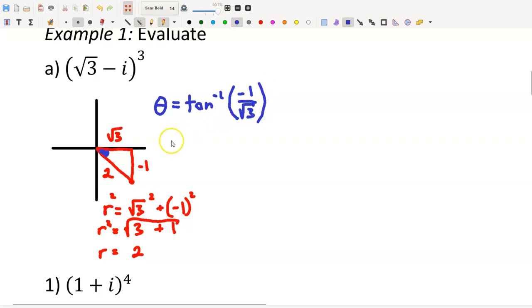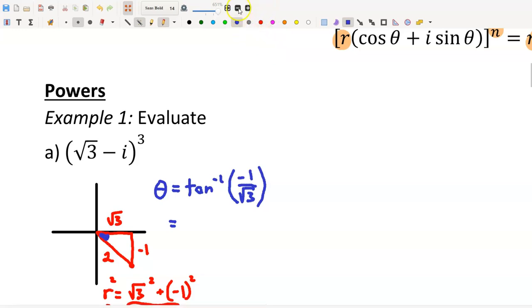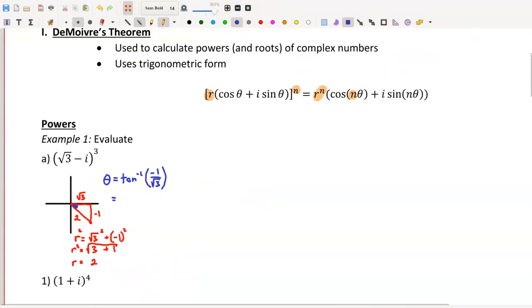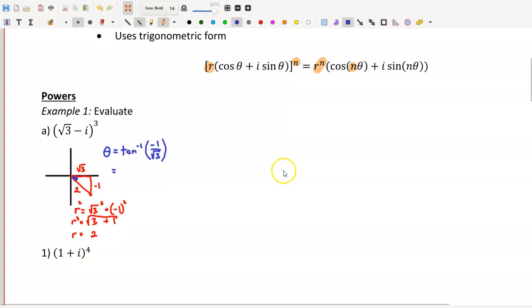That might require a calculator. It's okay if it does. Punch that in. Arctangent of the rise over run always gives you an angle. And with those two pieces of information, we can now start using our actual formula.